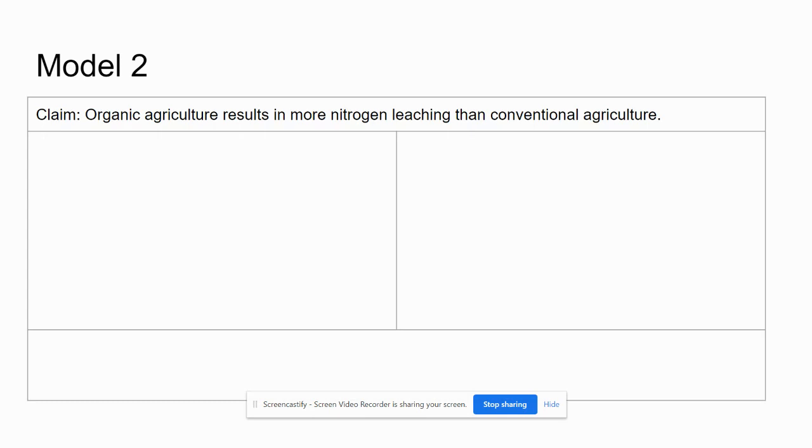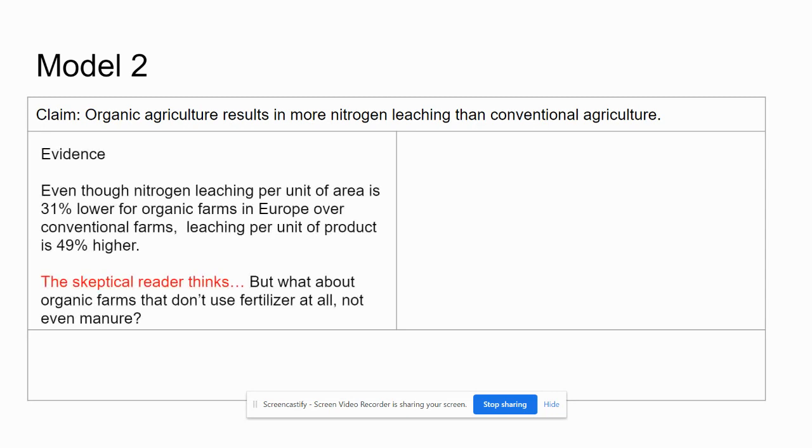Model 2, the claim is organic agriculture results in more nitrogen leaching than conventional agriculture. Our evidence is that even though organic farms have less nitrogen leaching per unit of area, per unit of product, it's 49% higher than conventional farms.